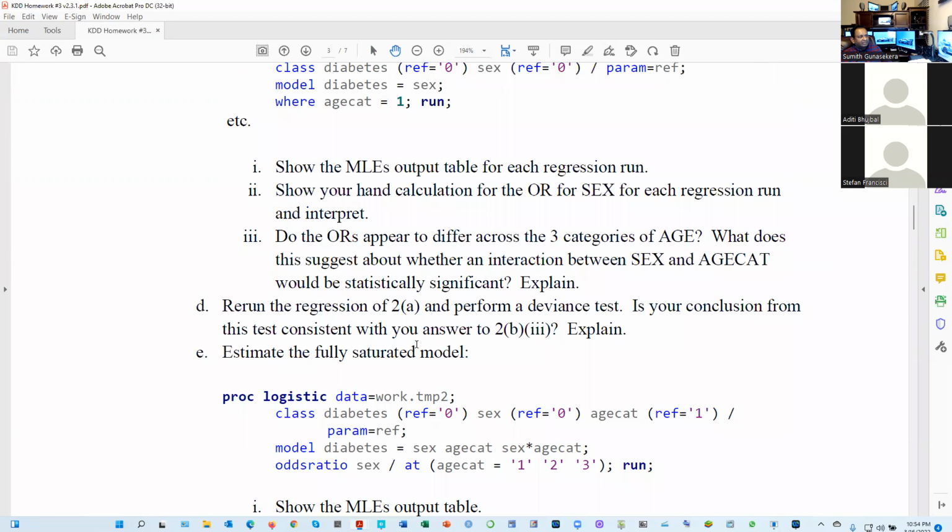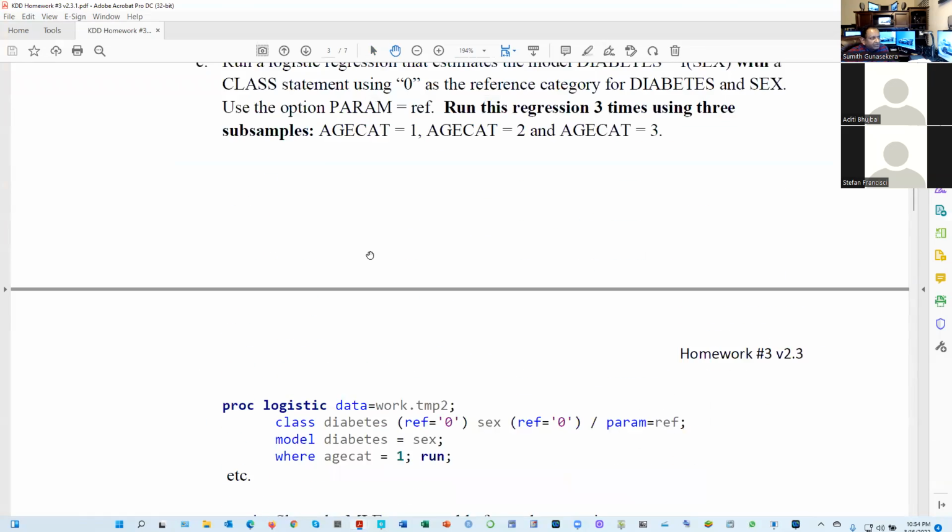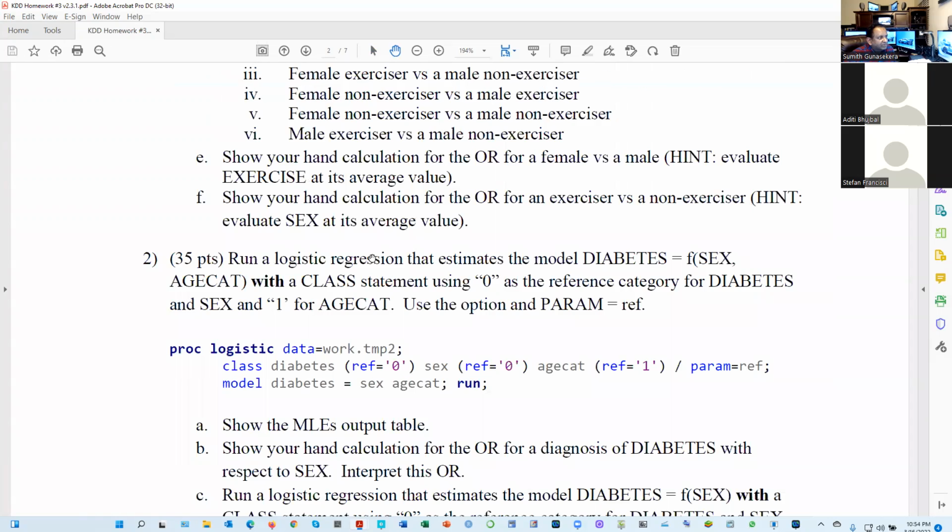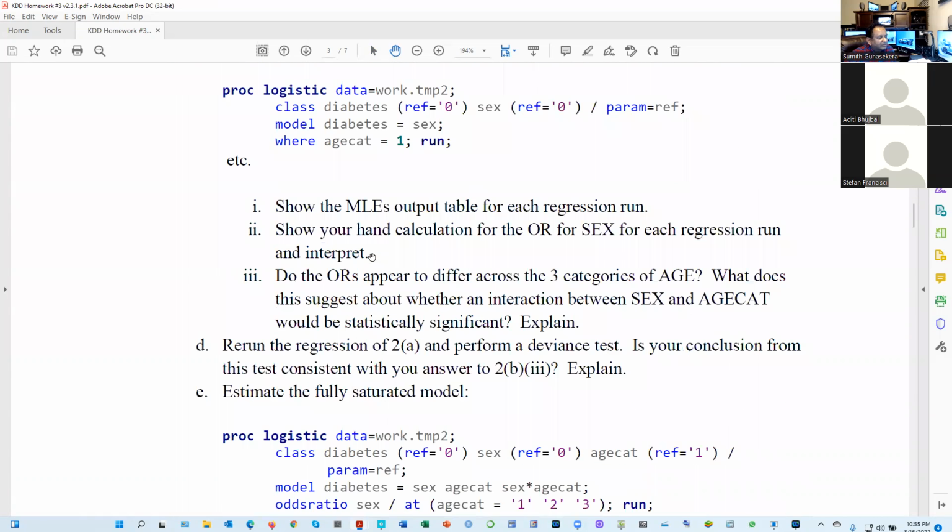Then on the other hand, here, they ask over here, this one. Then would that be: rerun this one and perform a deviance test? Is your conclusion from this one consistent with yes? Answer 2.